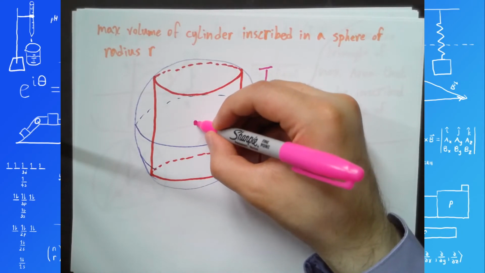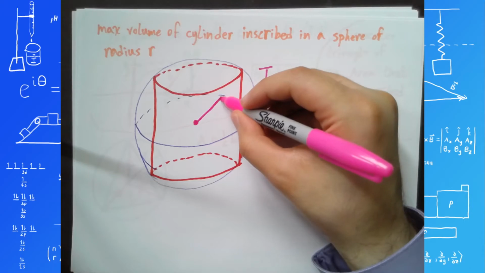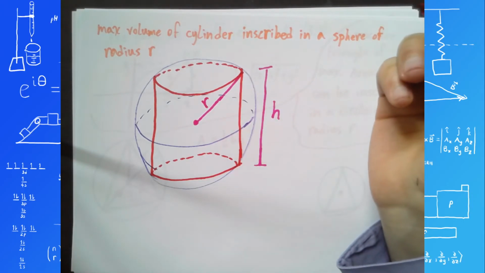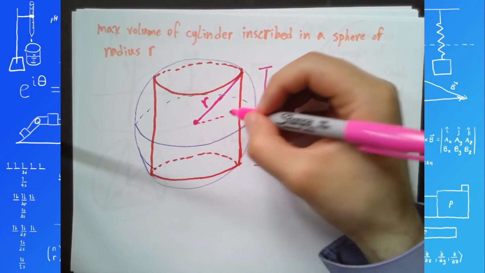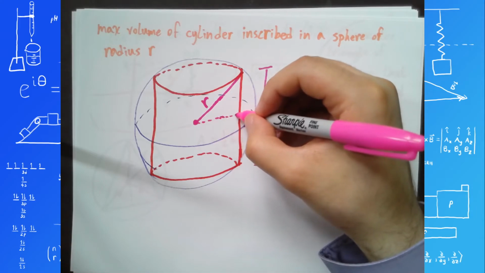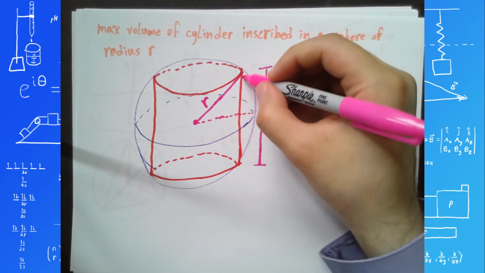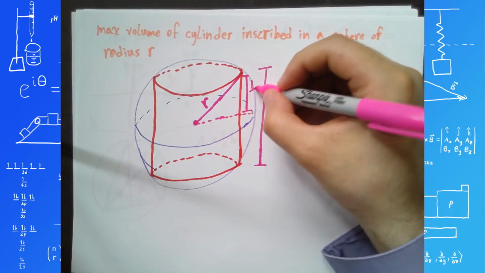And let's see, we've got, I know this right here is equal to 1 radius. And it's related to half the height, so it's related to 1/2 h.